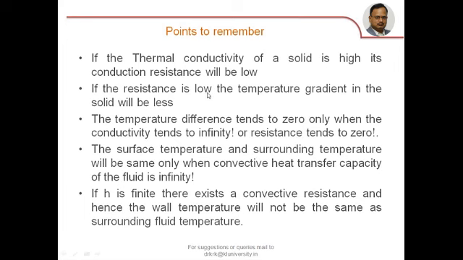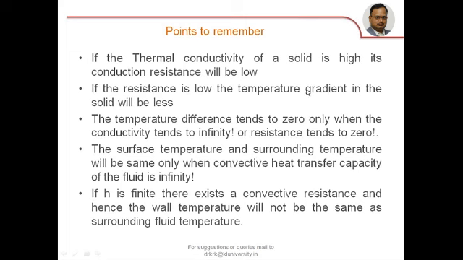Next, if the resistance is low, the temperature gradient in the solid will be less. Think carefully. Fourier law of conduction: Q equals minus KA dT by dx. That dT by dx is called the temperature gradient.